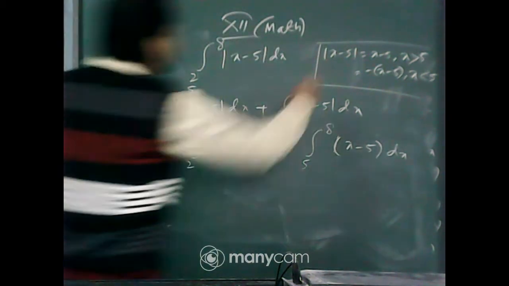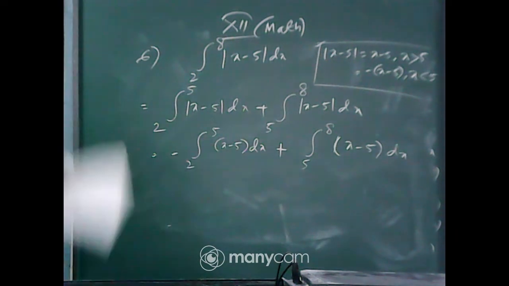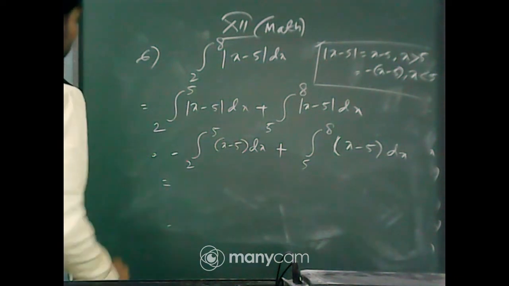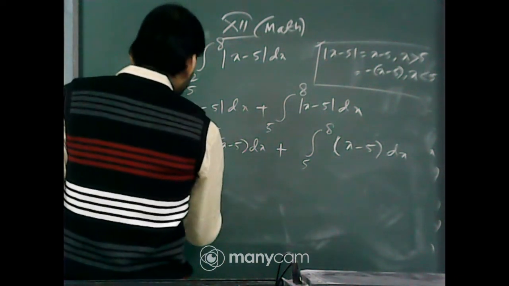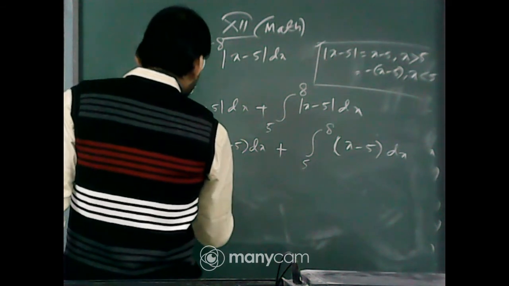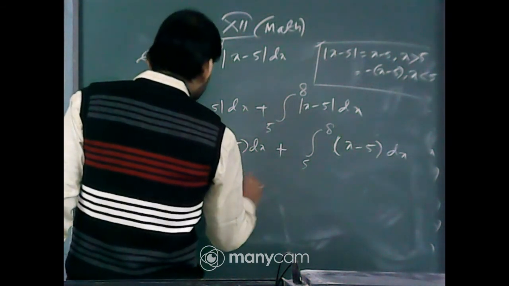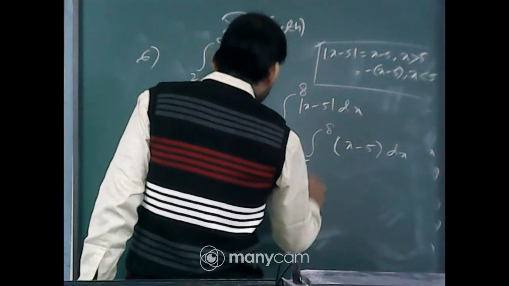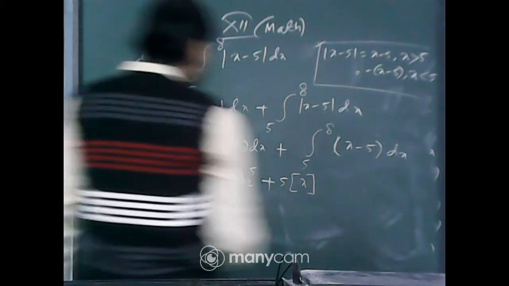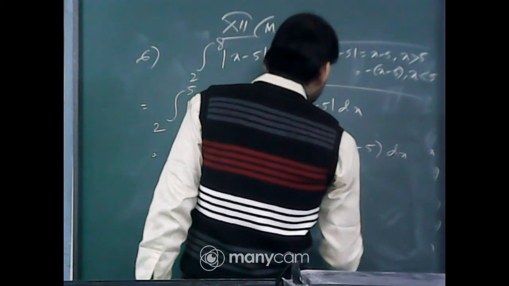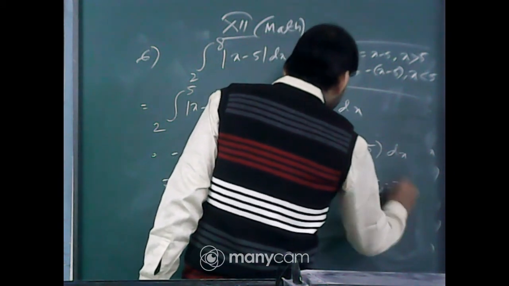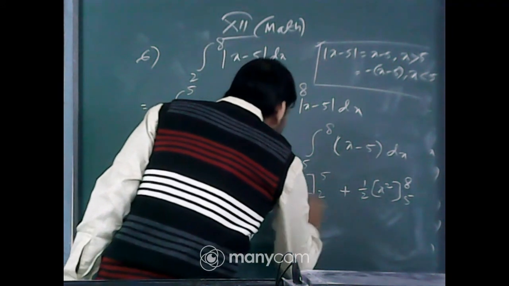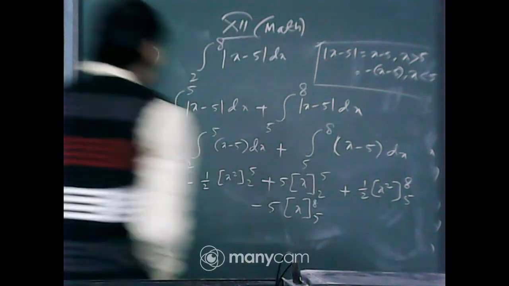From the property of mod I am using here, and the problem from the property of definite integral, that is P2. Now just do the integration here. So minus of 1 by 2, it is x square, limit 2 to 5, then again plus 5 into dx, integration of dx means x, limit 2 to 5, then plus 1 by 2 x square, limit 5 to 8, minus 5 into x, limit 5 to 8.